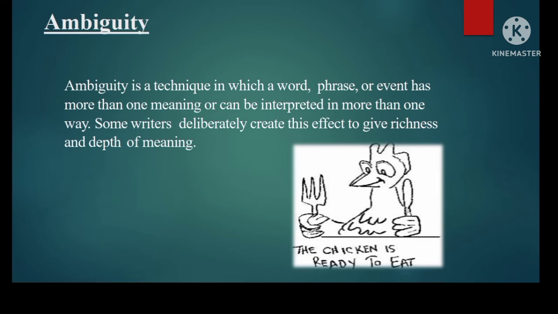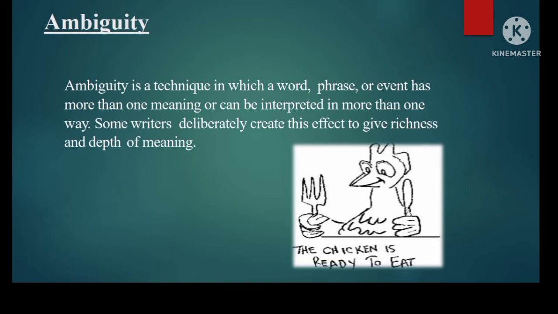Ambiguity. Ambiguity is a technique in which a word, phrase, or event has more than one meaning or can be interpreted in more than one way. Some writers deliberately create this effect to give richness and depth of meaning. This pictorial representation shows an ambiguous sentence: The chicken is ready to eat. It can be interpreted in either way.